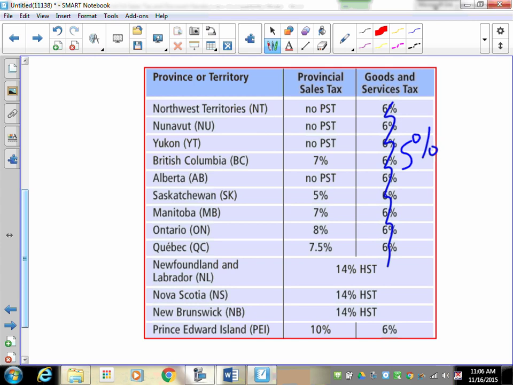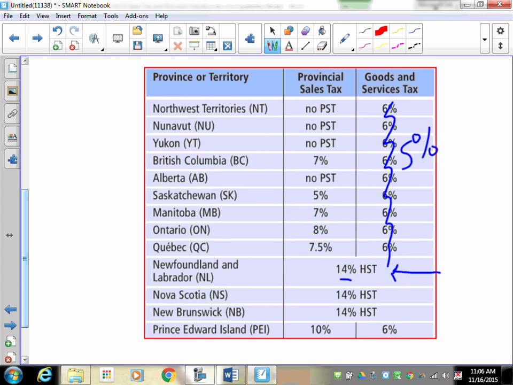All right. Now the HST is what's called the harmonized sales tax. In the harmonized sales tax, they're taking the GST, which was 6%, and adding it to their provincial tax to give you just a single number to work with. And that's done in Newfoundland, Nova Scotia, and New Brunswick.